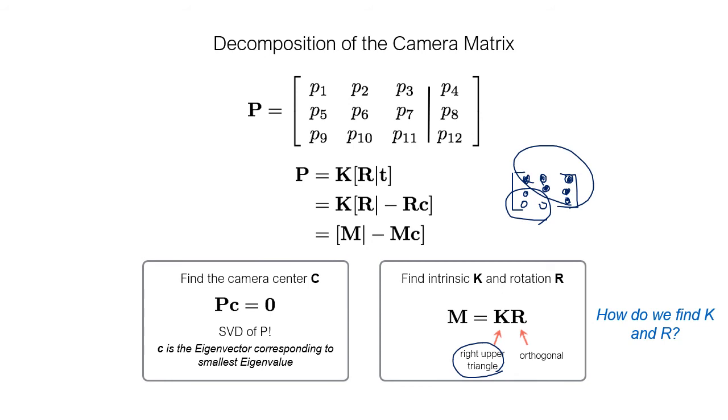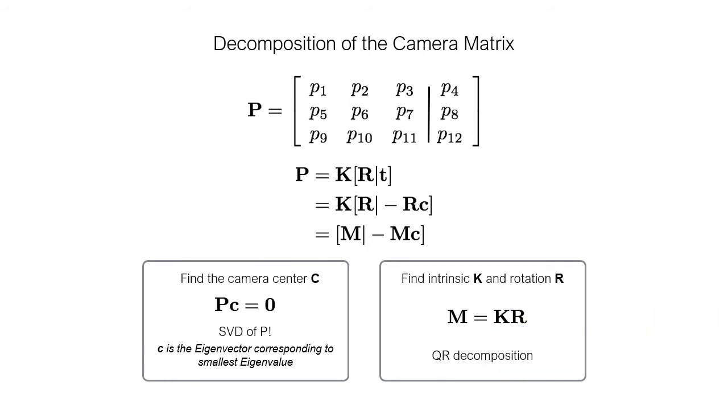And also this rotation matrix R should be orthogonal. It is an important property of a rotation matrix. So based on these two constraints, how do we find K and R? We can use QR decomposition. Okay.